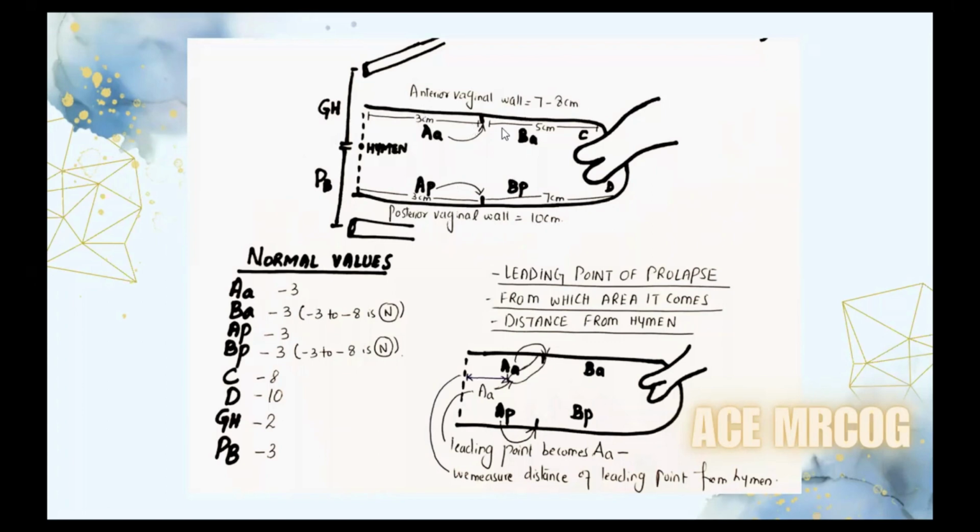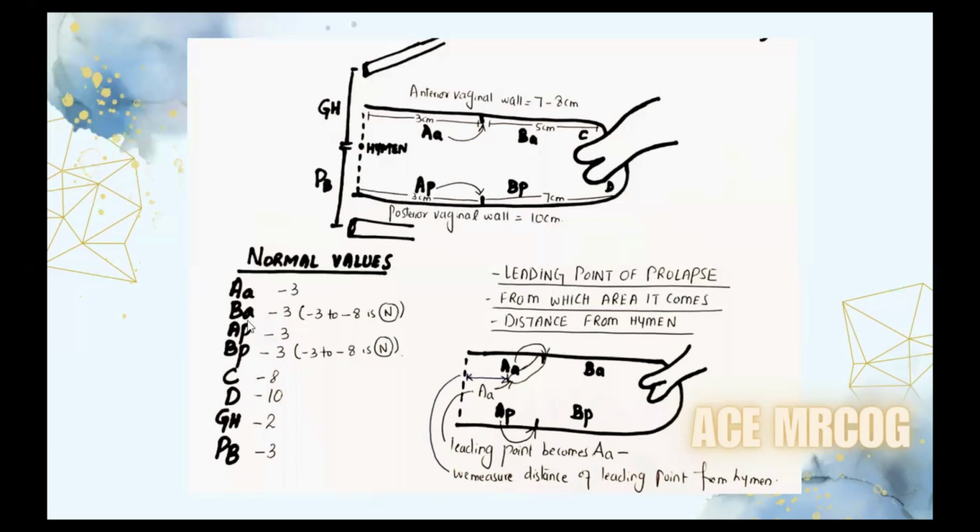And point AA is almost 3 centimeter proximal to hymen, and the length that is left behind is 5 centimeters. Similarly, 3 centimeter and 7 centimeter. So here are the normal values: AA minus 3, BA minus 3, AP minus 3, BP minus 3.